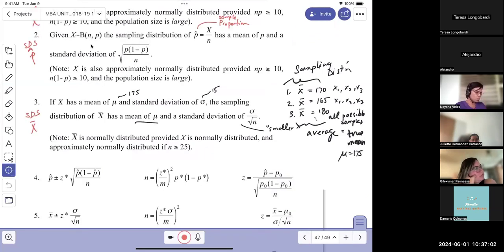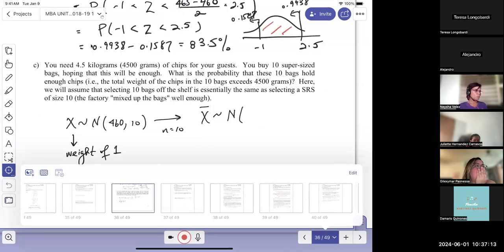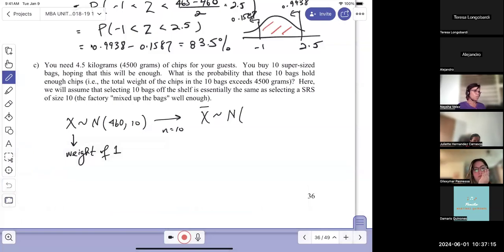It tells us here that the mean of X bar should be mu, the original one, but the standard deviation smaller by a factor of root n. So the mean is still 460. The shape is the same, but the standard deviation is sigma over root n, which is 10 divided by square root of 10, which is what?